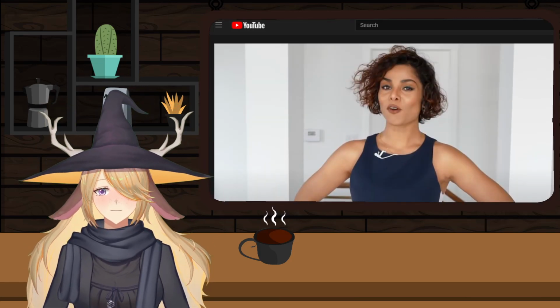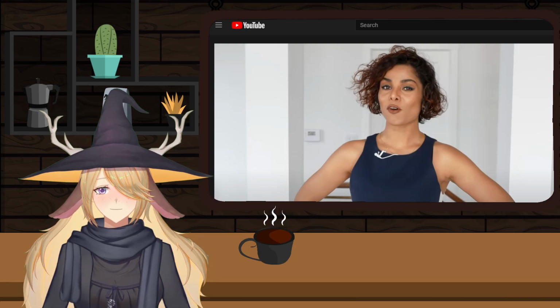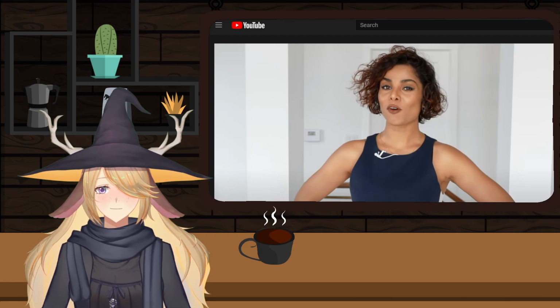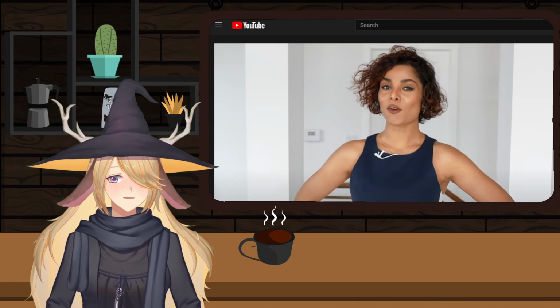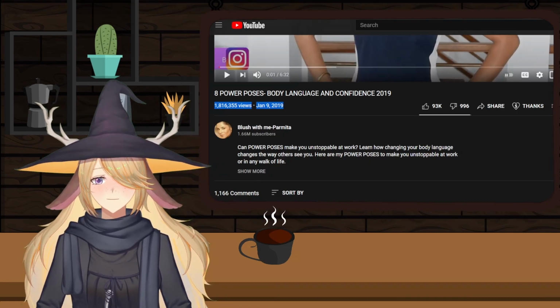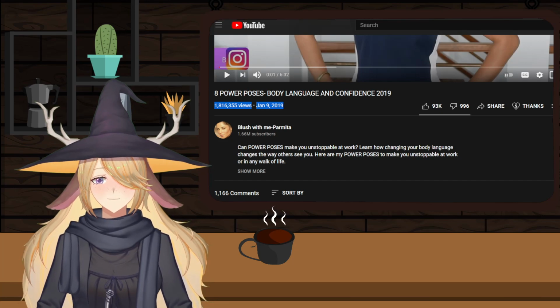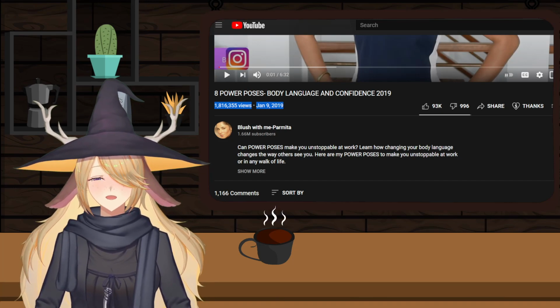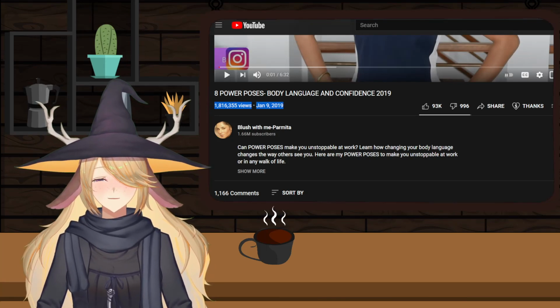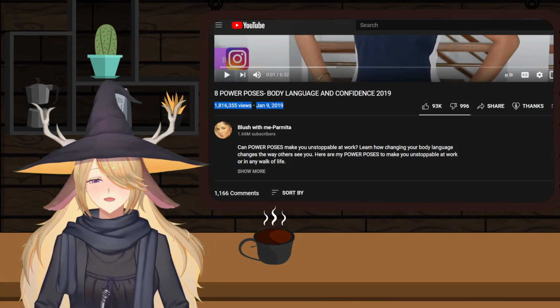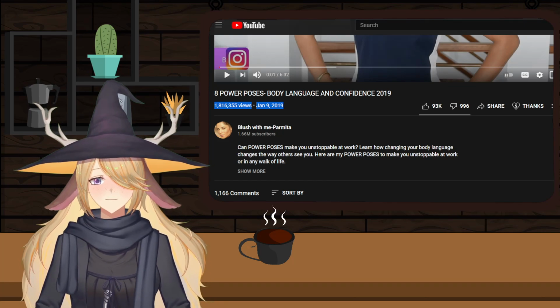Power posing is also heavily marketed and couched in this world of corporate feminist capitalism, of girl boss CEO bullshit. So it's all this wrapped up world of corporate capitalist feminism, and it all sucks. It sucks all the way down.